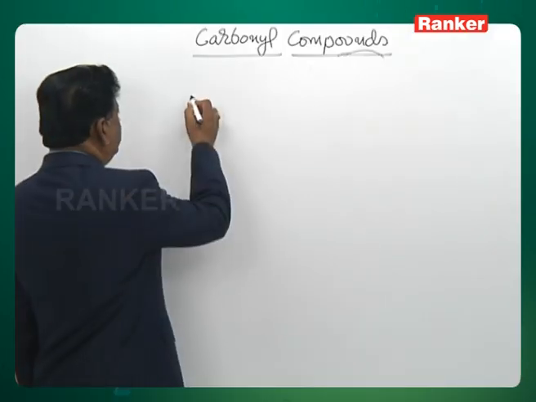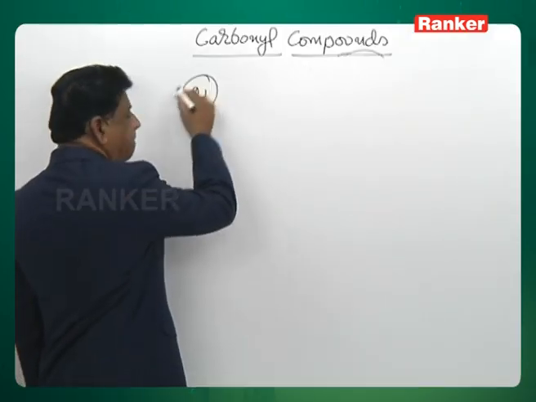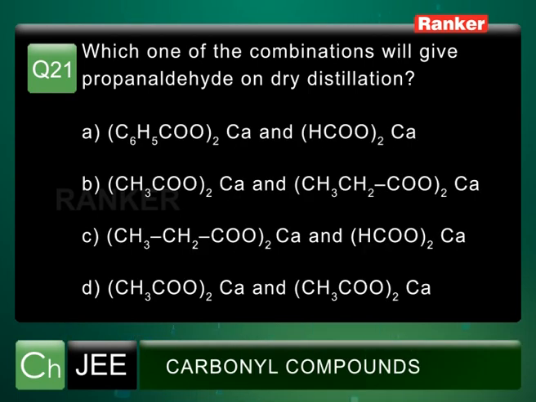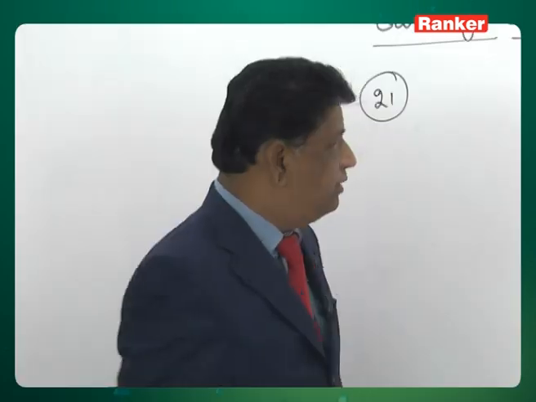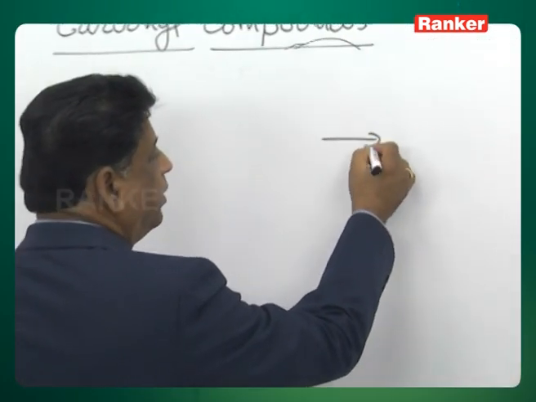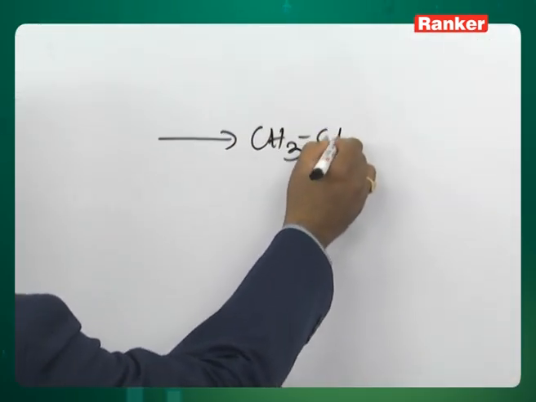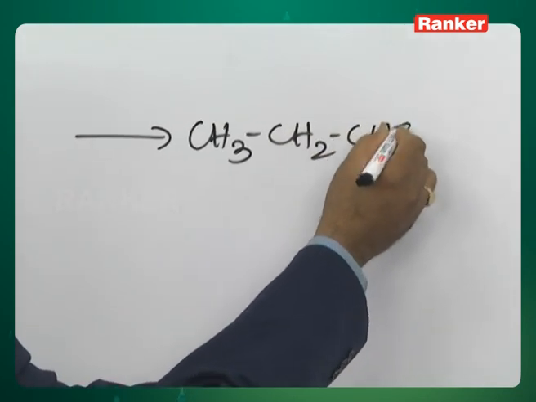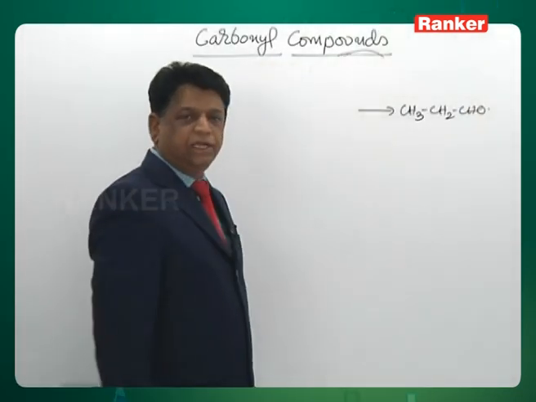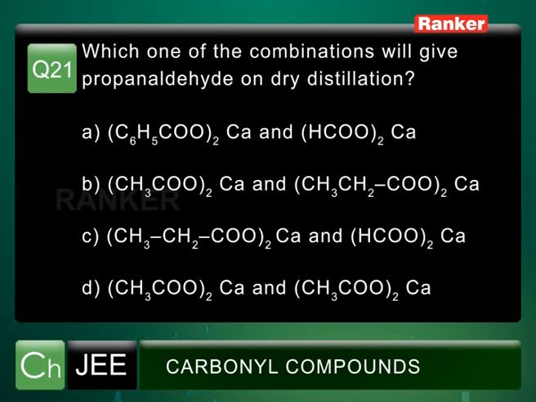So let's go for the 21st question. Which one of the combinations will give propanaldehyde on dry distillation? So the answer must be propanaldehyde. Let us say in the first option, a calcium salt of benzoate and the calcium salt of formate.